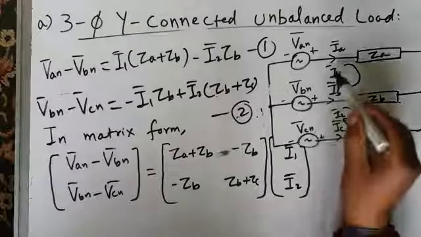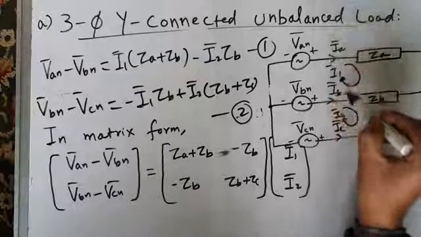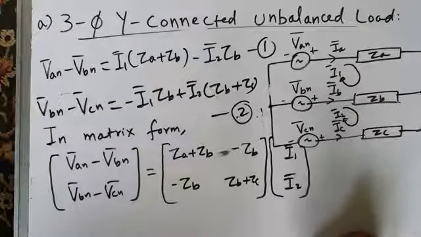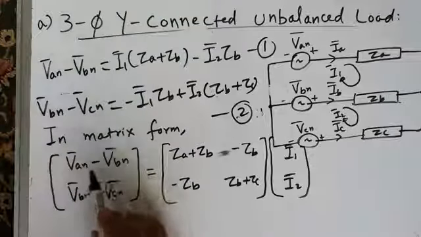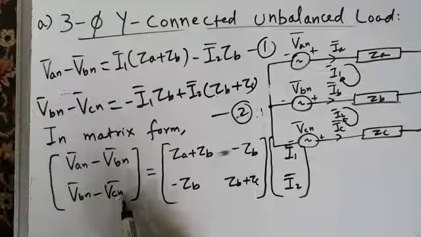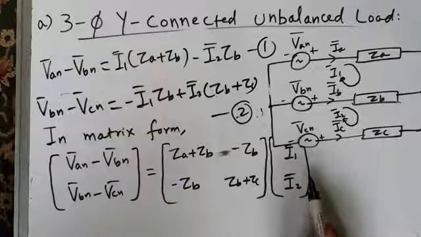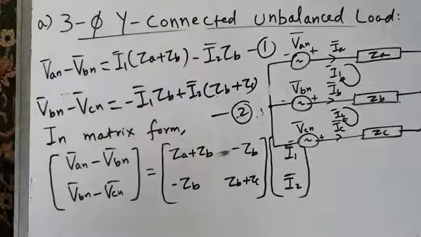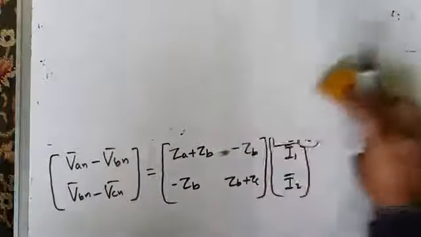Now what is the aim? Aim is to find the mesh currents I1 and I2, because once we know mesh currents, we can find these line currents IA, IB and IC in terms of mesh currents. But this equation gives me the voltages VAN minus VBN and VBN minus VCN in terms of impedance matrix and this current matrix. So therefore I can write this current matrix like this.